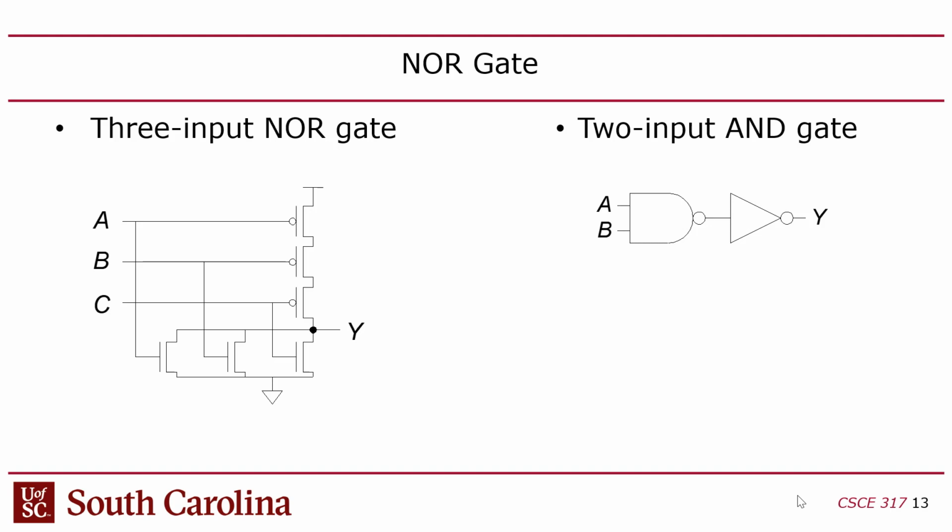In this case, you have the pull up transistors in series and the pull down transistors in parallel. Because we have 3 inputs, there's 6 total transistors. In order for a NOR to be true, you have to have 0, 0, 0.